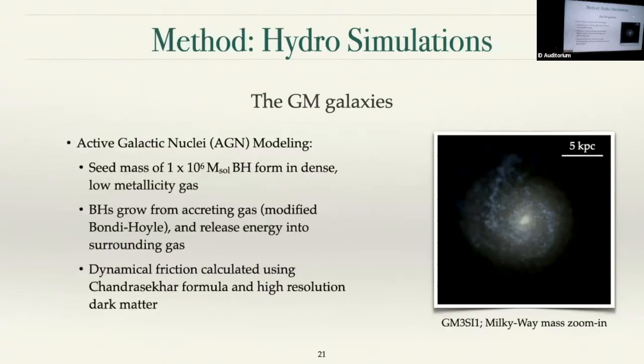This is all of the physics that was discussed that's in Romulus, so these are simulations that are consistent with Romulus, which is zooms. You have a seed mass black hole of 10 to the 6th, and again, this forms in dense, low metallicity gas. That's important. The other thing that's important is that you have dynamical friction, so you can trace the orbits of the black holes.